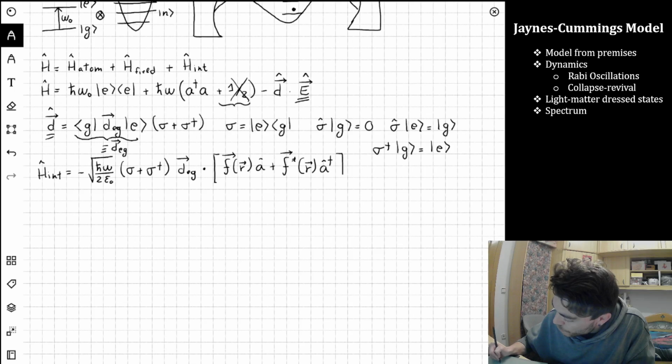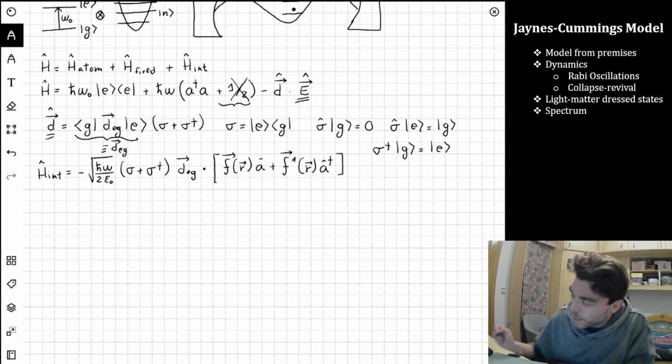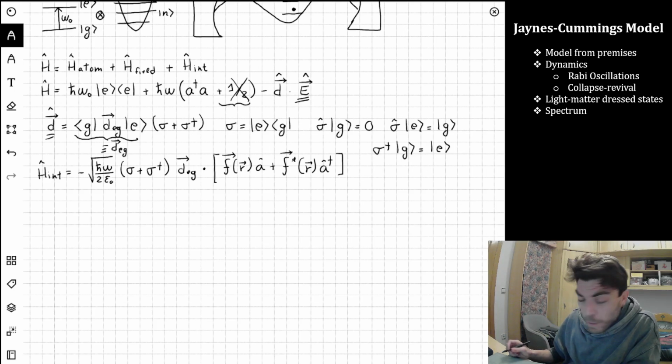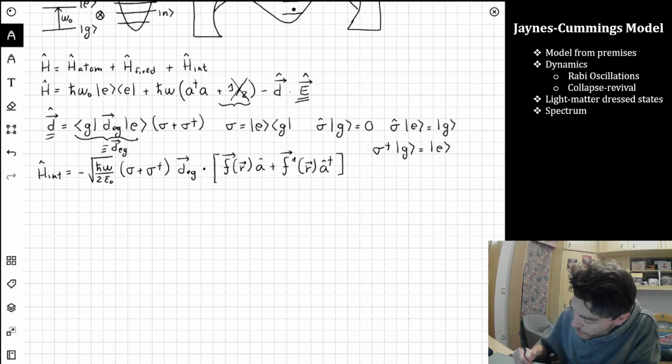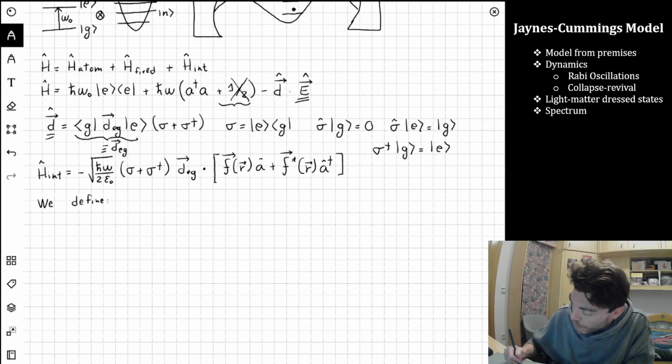As you can see here already, the annihilation operators don't depend on time because we are in the Schrödinger picture again. Okay, so this is the interaction Hamiltonian. And now what we do is we define a new function that is called g of r, that has units of frequency.